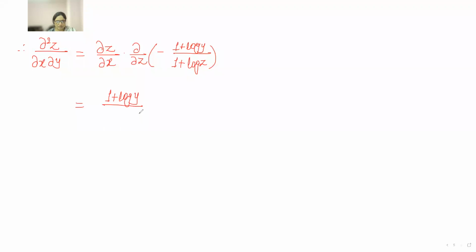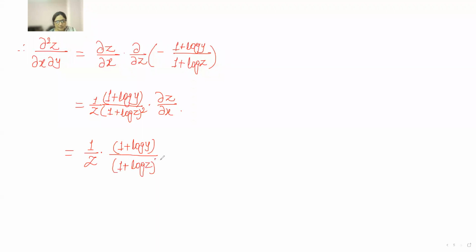Minus 1 upon (1 + log z) whole squared into the derivative of log z, which is 1 upon z. Minus minus becomes plus. So 1 upon z into (1 + log z) whole squared into this ∂z/∂x as it is, which is equal to 1 upon z into (1 + log y) divided by (1 + log z) whole squared into ∂z/∂x.